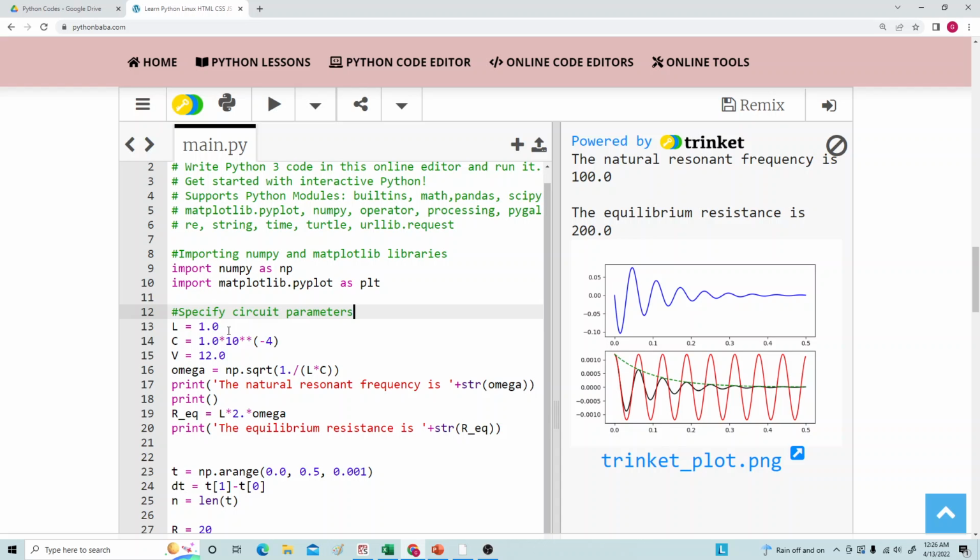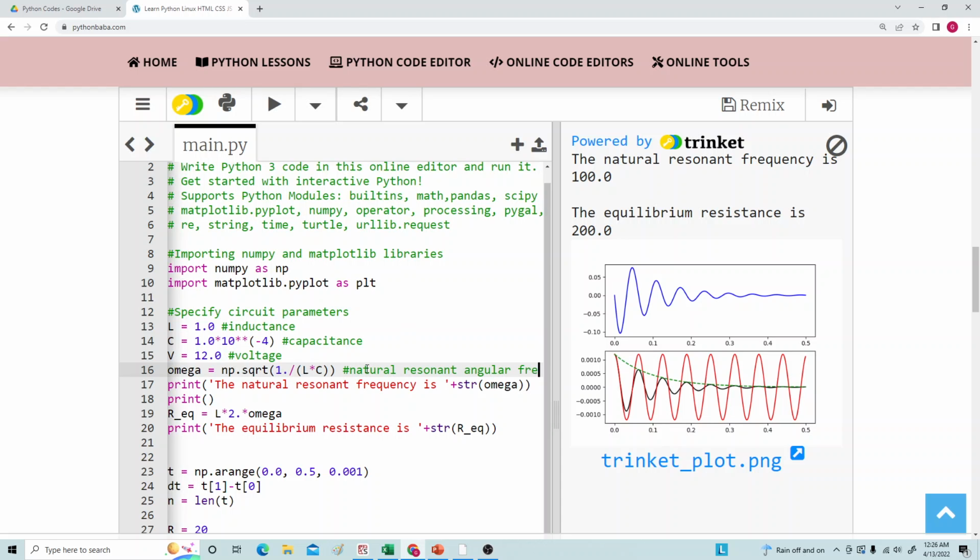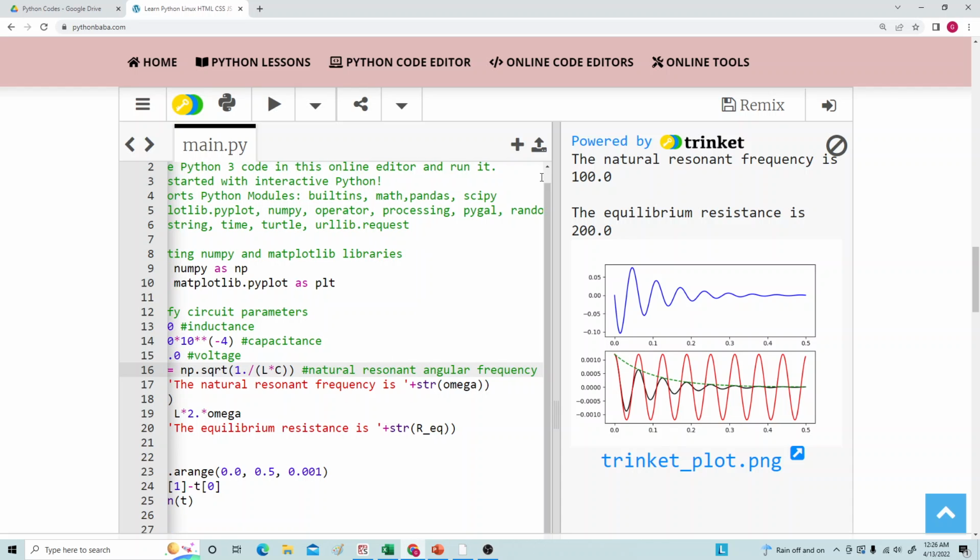So this is the inductance. This is the capacitance. This is the voltage. Omega, this is the natural resonant frequency.